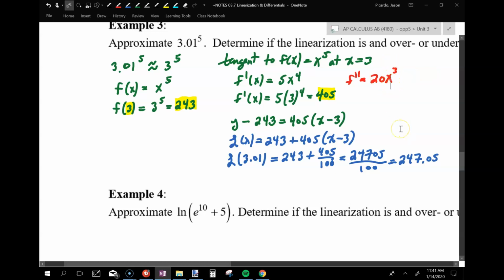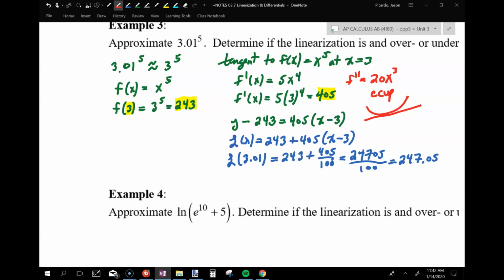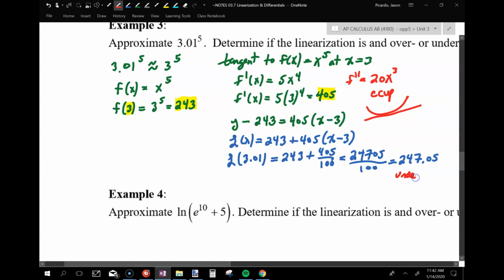Is it positive or negative? Positive, right? So that means this is concave up, which means the tangent looks like that, right? So the tangent line is going to be below or above the curve. Below. This is going to be slightly under.